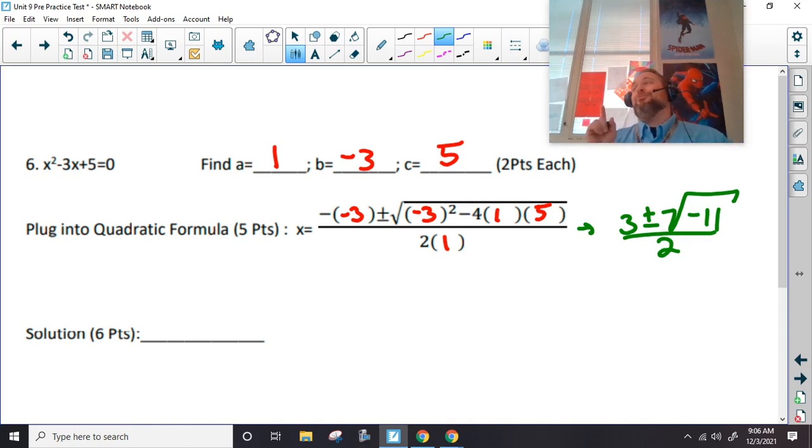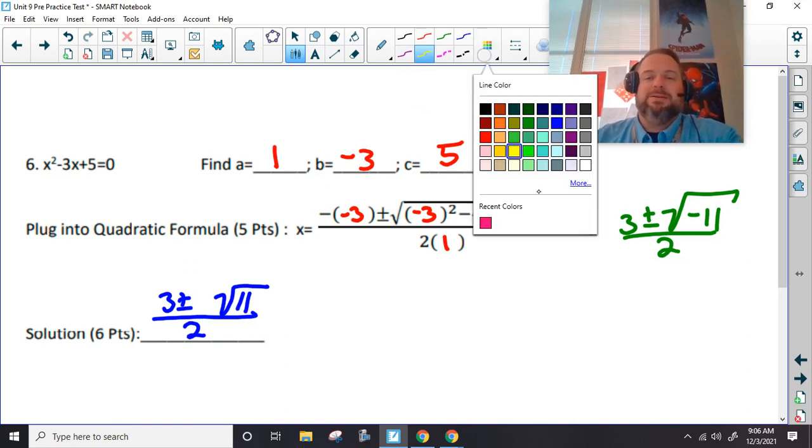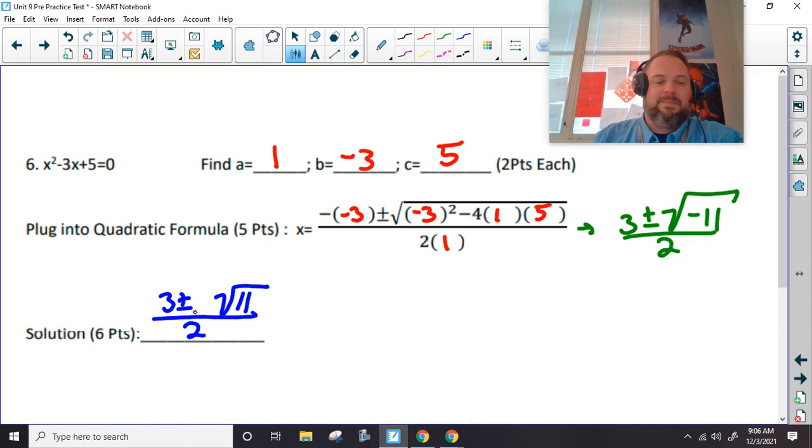You cannot have a real square root of a negative number. So when we answer this, we would take the square root of 11 in the calculator, and we'd still get the square root of 11. That's our answer.